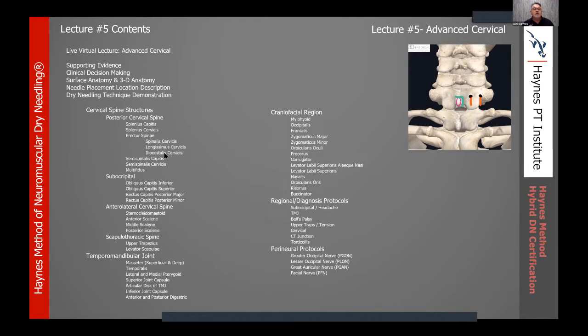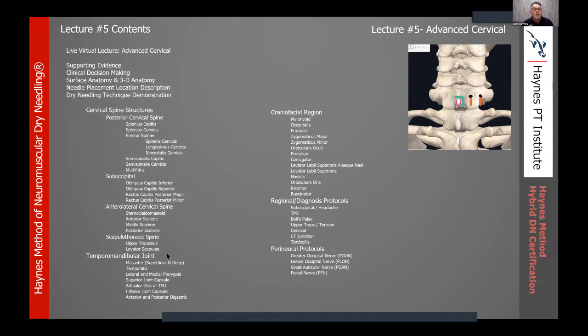Longissimus cervicis and iliocostalis we'll do from a lateral approach. We're going to add in the suboccipitals and then the anterolateral cervical spine as well. There we'll bring in the SCM and the 3 scalenes. And then the scapulothoracic, we've already done the upper trapezius, but we're going to add in the levator scapulae.